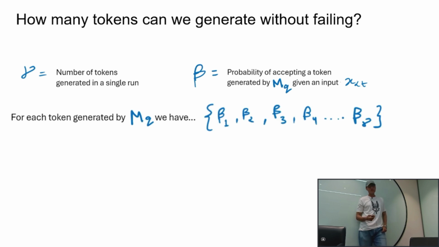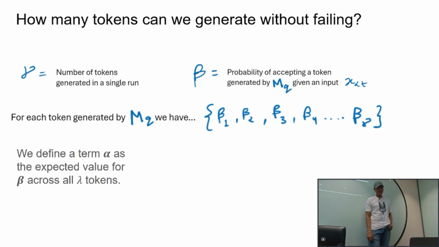Now for each of the lambda tokens that are generated by the small model, we would have different probabilities of accepting all of these tokens. So the first token will be accepted with the probability of beta 1, the second token with the probability of beta 2, and similarly the lambda-th token with the probability of beta lambda. Now these cannot really differ that much.